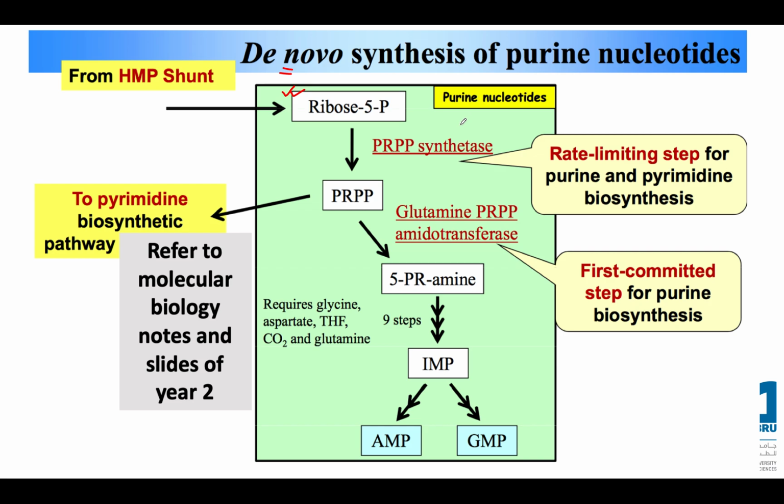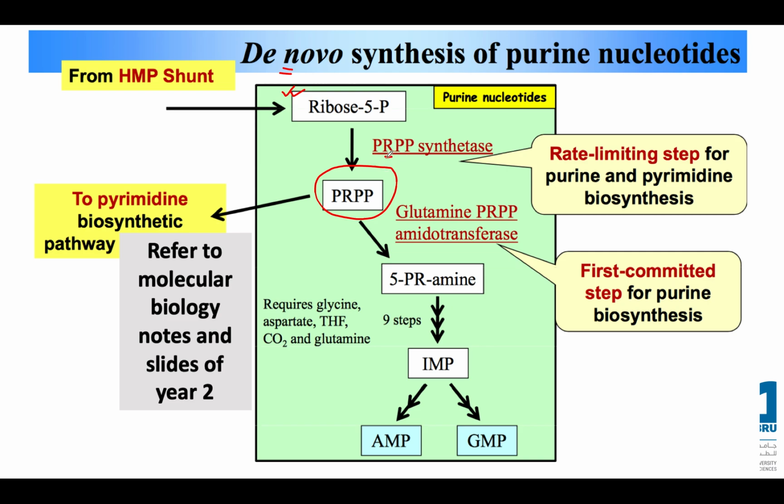The ribose 5-phosphate is converted to phosphoribosyl pyrophosphate, also known as PRPP in short, and the enzyme that catalyzes this conversion is phosphoribosyl pyrophosphate synthetase.